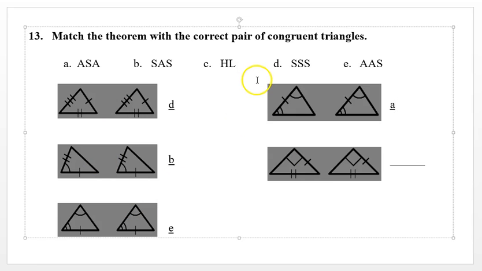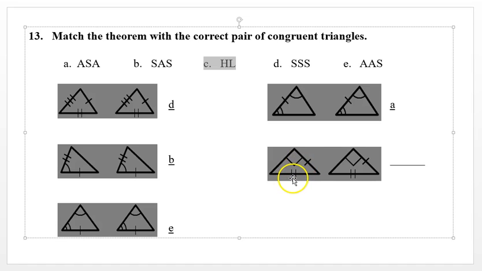So this isn't the case all the time, but for the hypotenuse leg, it is going to have a right angle in it. And what you have to show congruent in the two triangles is the hypotenuse, which is the longest side in the triangle. If you can figure that one out, please do.